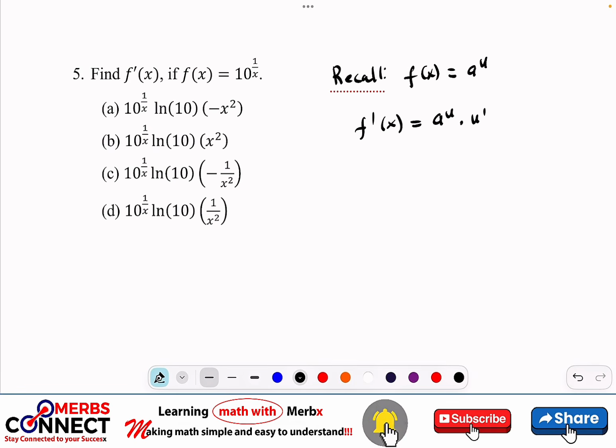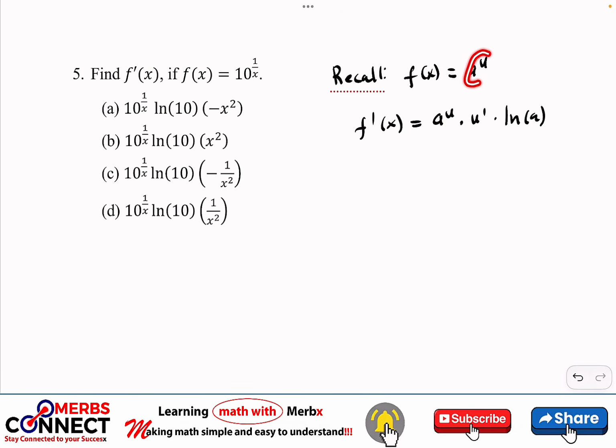Then we take natural log of the base. That's very beautiful, right? So maintain the function, differentiate what is on the top, and take ln of the base. So everything is taken care of. We maintain everything here. We went to the top, and then we came to the down. So the top is taking the derivative, and the base is taking the ln of that.